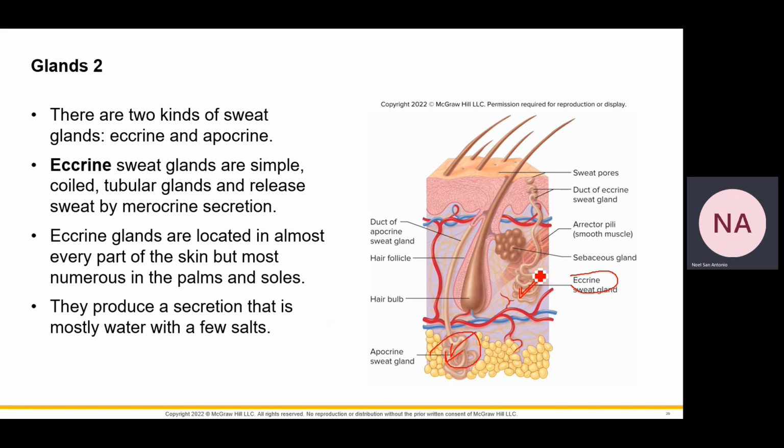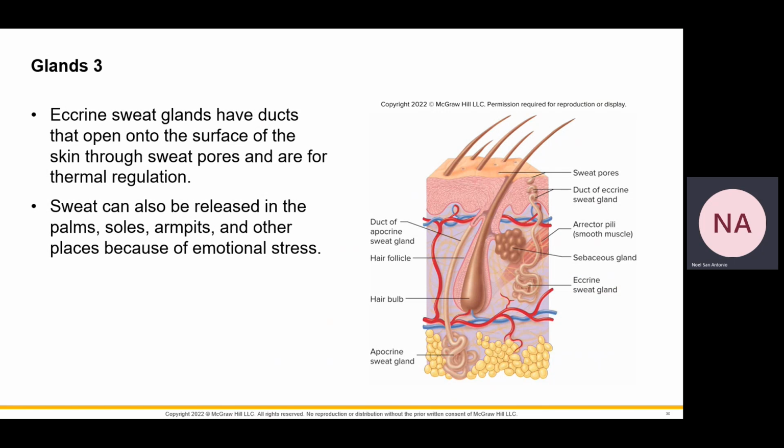Okay? And its main purpose is more on thermoregulation. Pagka tayo mainit ang core temperature of the body, our tendency is to sweat, to perspire in order to dissipate that heat coming from the inside of the body. So that is the main purpose of the eccrine sweat glands.